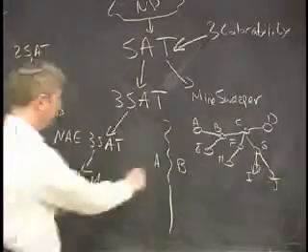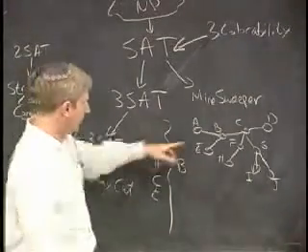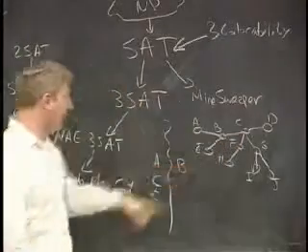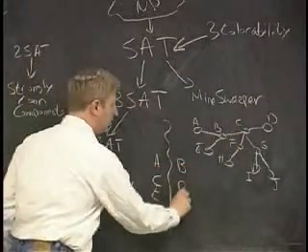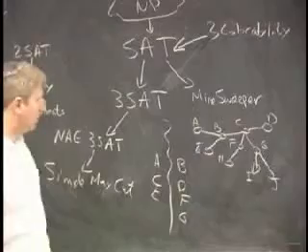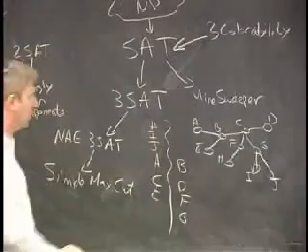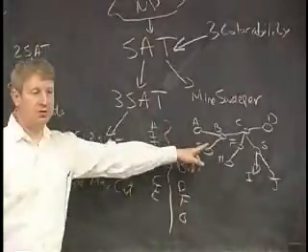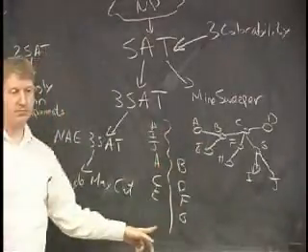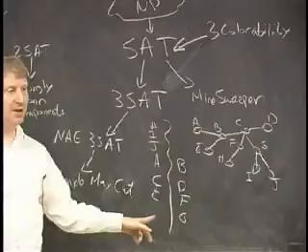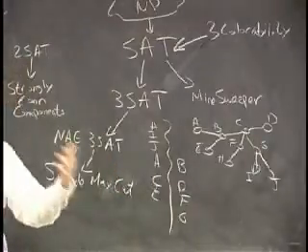C and E go on the other side. Now, D, F, and G will go on this side. H, I, and J will go on the other side. So now every single edge in this graph goes between these 2 sides. Everybody see that?